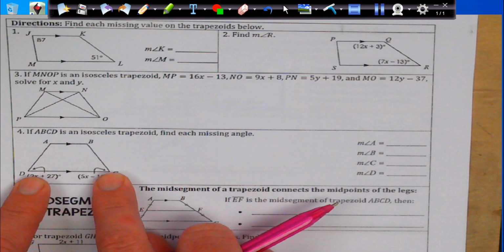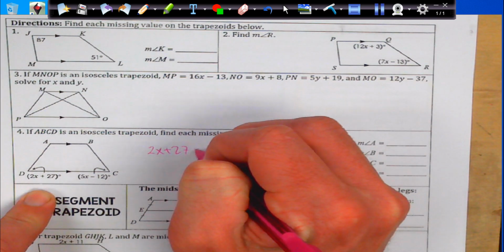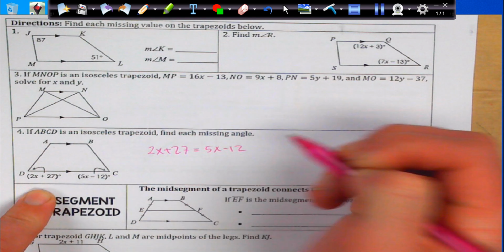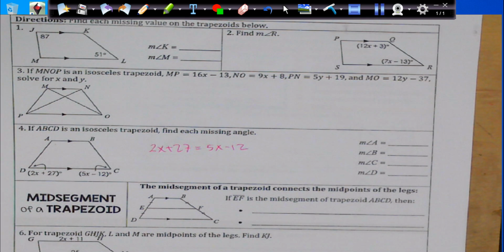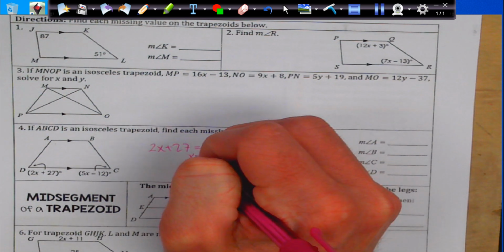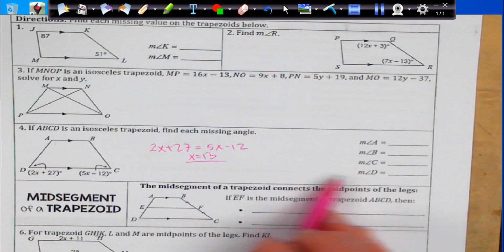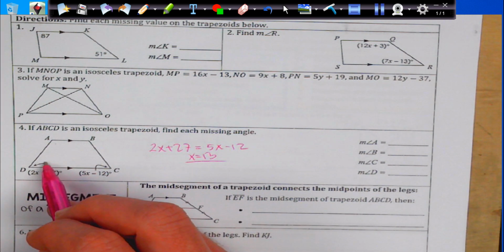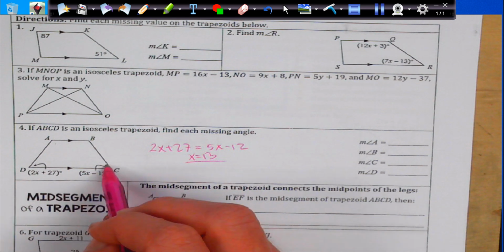This is isosceles, base angles are congruent, so you just set them equal to each other. Again, I'm not going to do every single problem here. We're going to see a lot of these different examples. When I solve for this, I get x equals 13. Unfortunately, it asked me for all the other angles. Well, we know that opposite angles are supplementary, as well as these angles are supplementary.